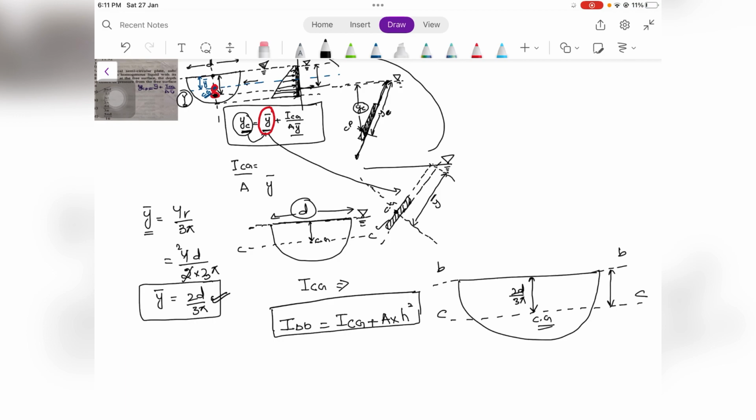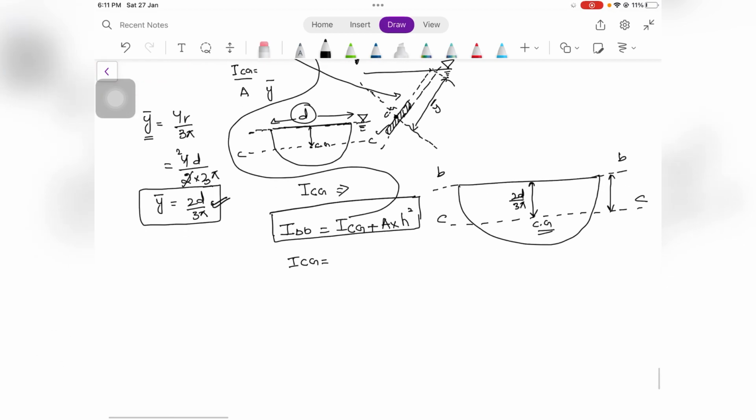All right, so if we need to find the ICG, because that's what we have to use in the equation ultimately, we can rearrange this equation as ICG equals IBB minus A times h square.